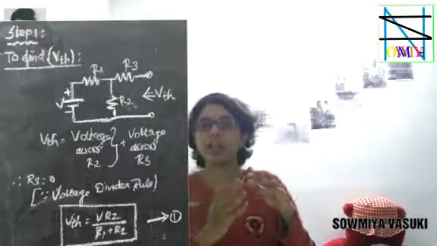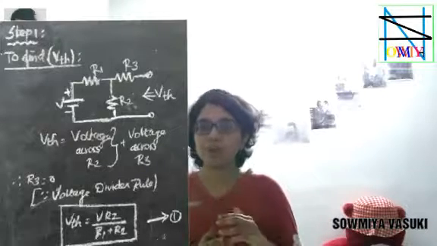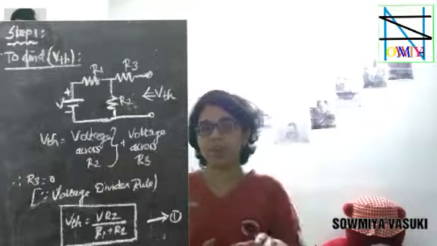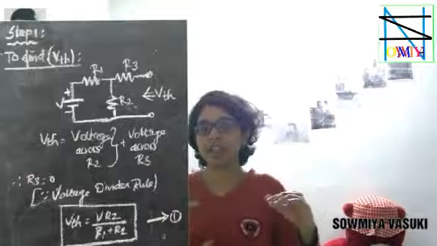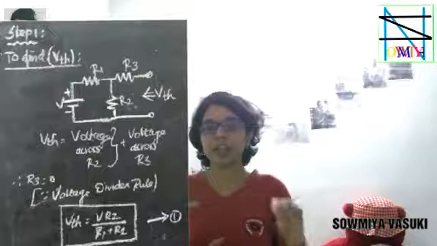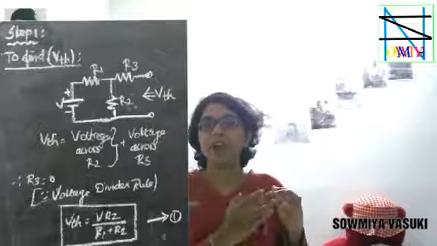So V Thevenin is equal to the voltage across R2 plus the voltage across R3. Here R3 carries no current, so V Thevenin is equal to the voltage across R2. Here we use the voltage divider rule.